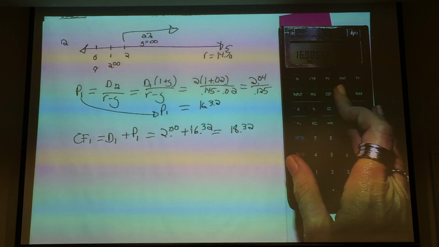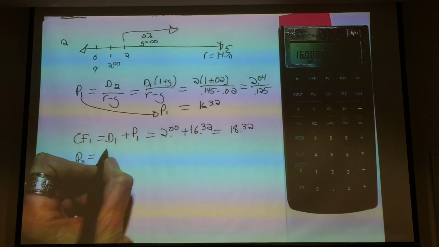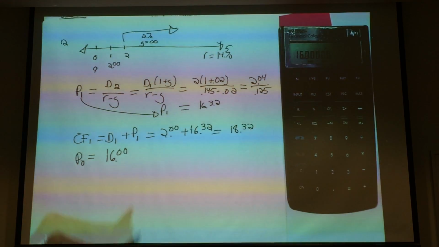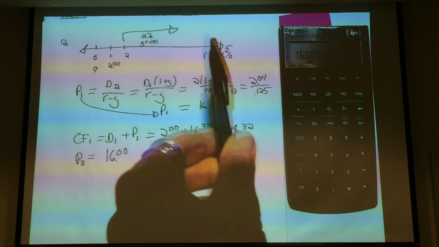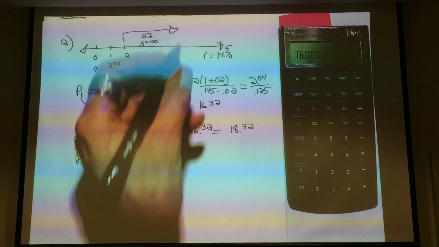Down arrow key, net present value. That stock is worth $16. You're gonna have one like this, it's gonna be a lot more involved. We're gonna have several dividends, maybe 1 or 2 growth rates. This is sample B.